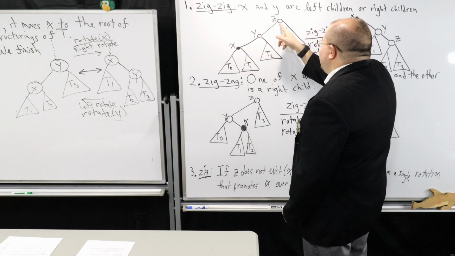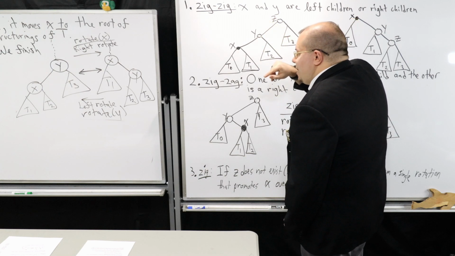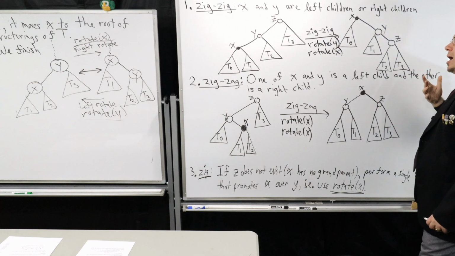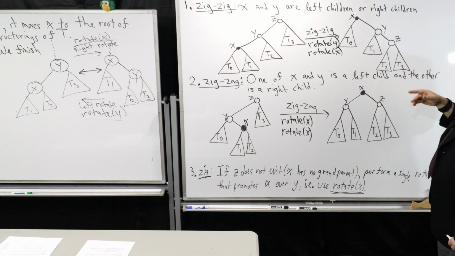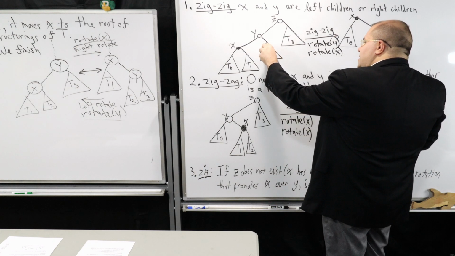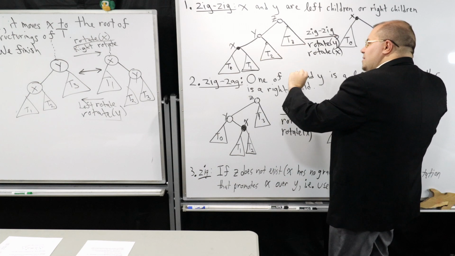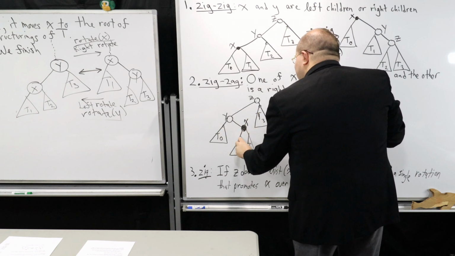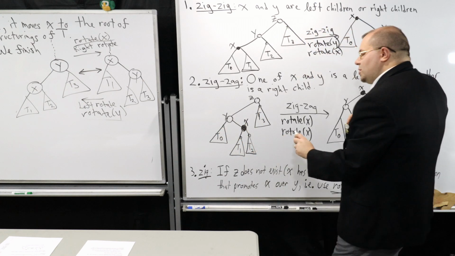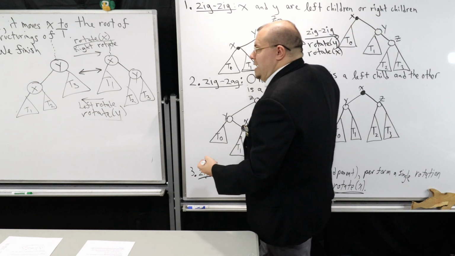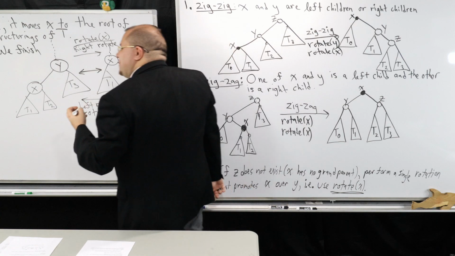Is Z's left child Y? This is what you're generally doing when you test for these. These triangles in the picture are just subtrees, so there will be a node that roots each one. I just haven't drawn the rest of these parts. These triangles might actually end up just being a dummy node.